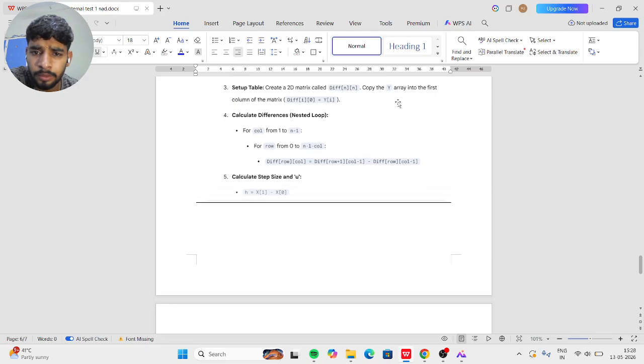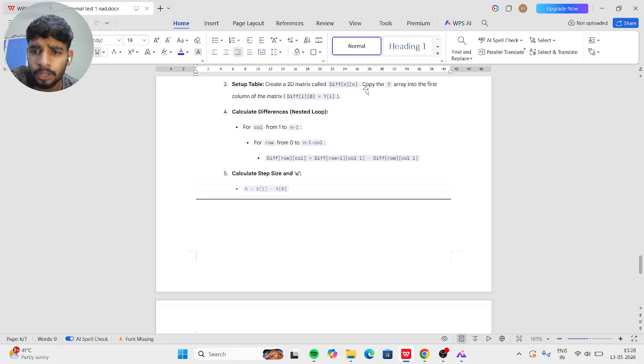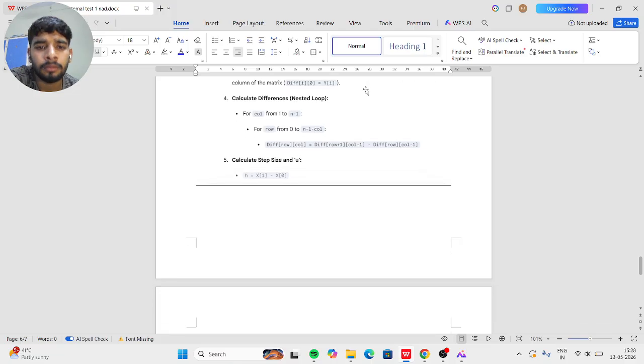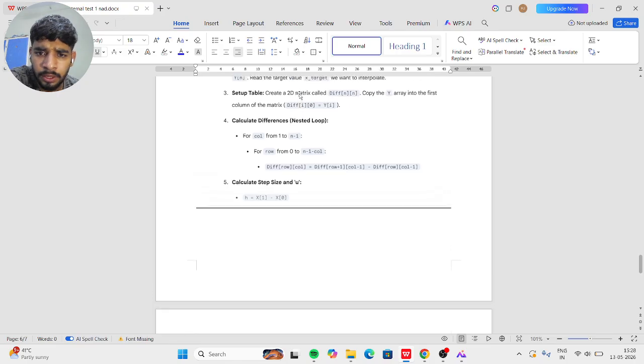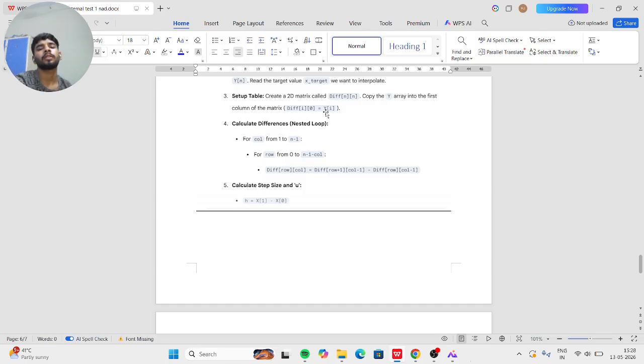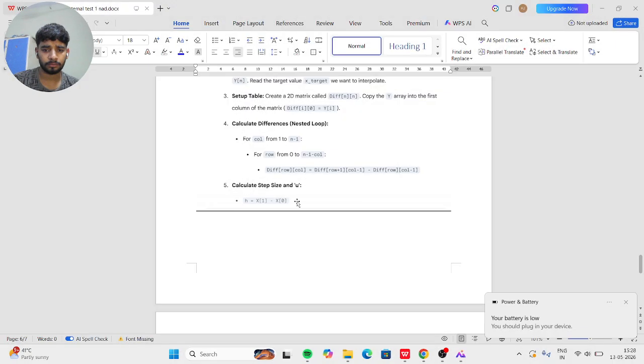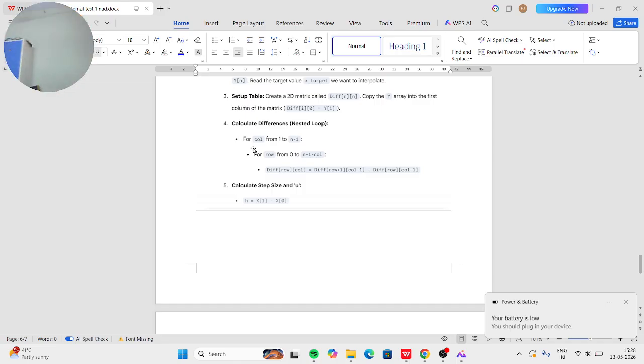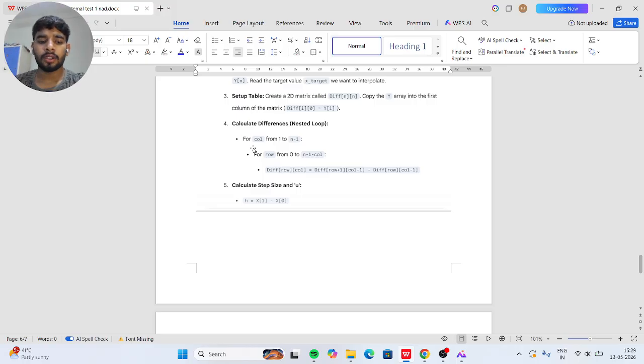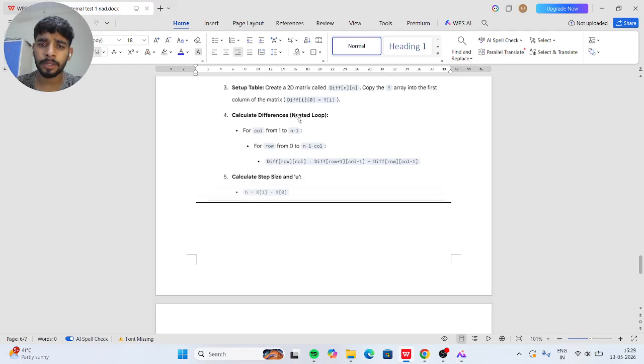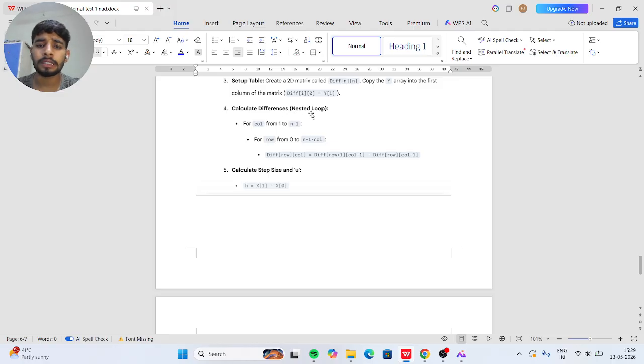Now set up: create a 2D matrix, difference, of size n by n, and copy the y array into the first column of the matrix, difference[i][0] equals y_i. Then we calculate differences using a nested loop.